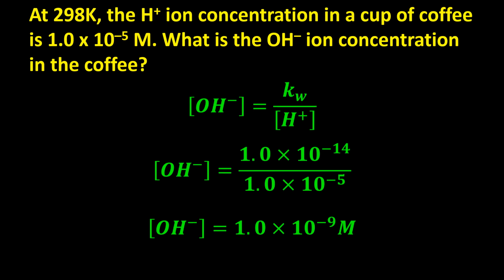So if you have 10 to the negative 14, you're going to take negative 14 and subtract a negative 5, or add 5. So negative 14 plus 5 ends up being negative 9. That's a trick, but it only works when you have 1.0 as your concentrations.